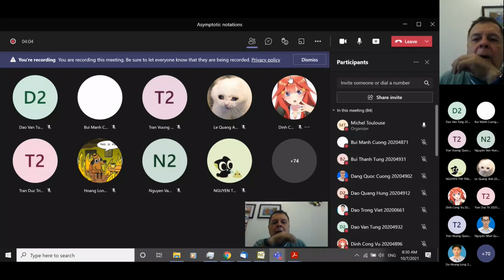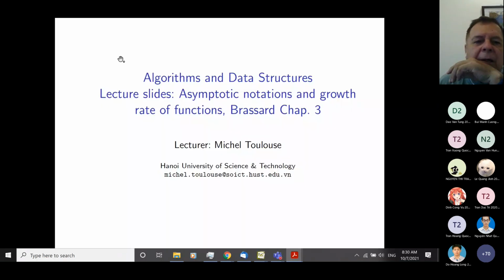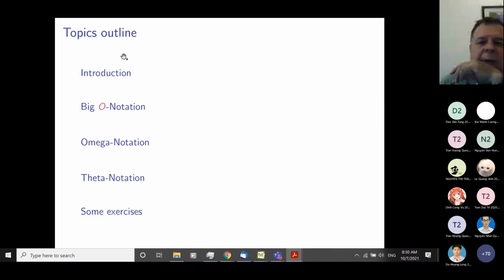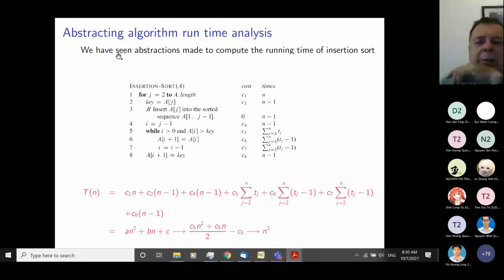Now we decided to scrap this, and we decided to count the number of times operations in the algorithm execute. So we said, forget about the running time, the wall clock time, and we are going to count the basic operations that appear in the pseudocode.